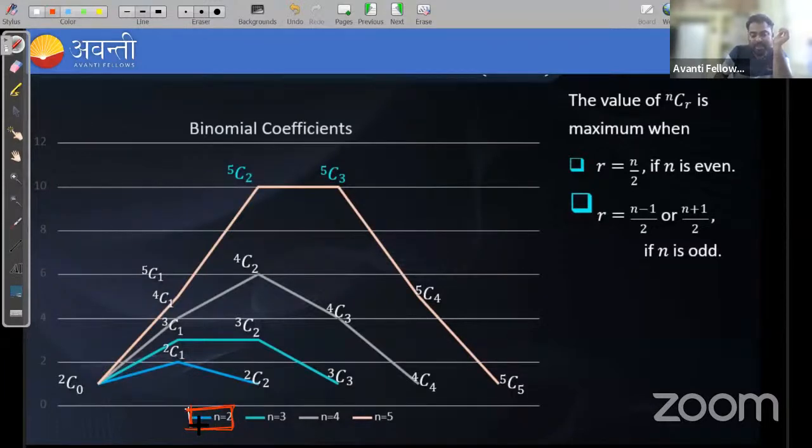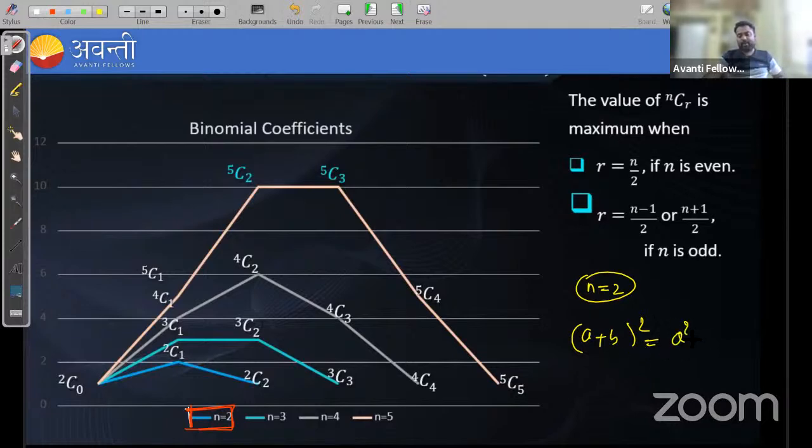This skyline represents n is equal to 2. Suppose I am taking a plus b to the power 2. I should not use the red color because it will be difficult for you to visualize, so I'm erasing this and using yellow color. So when n is equal to 2, a plus b to the power 2 is a square plus 2ab plus b square, right?